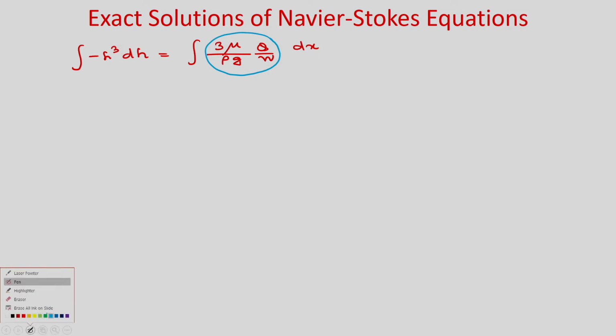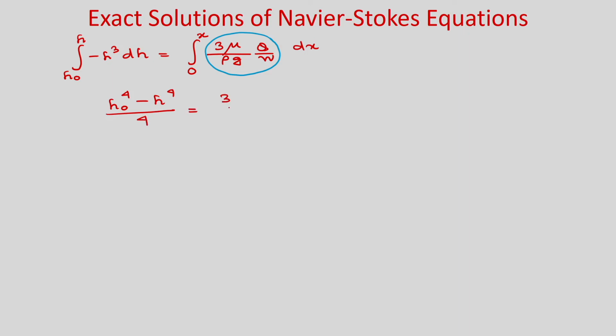And we can put the limit as at x equal to 0 we have the height h naught, at any location x we have height small h. Okay. So, if you put these limits and integrate it, we will get h naught to the power 4 minus h to the power 4 divided by 4 is equal to 3 mu. So, it will be just x divided by rho g into q by w.